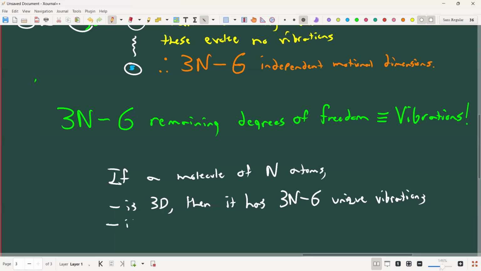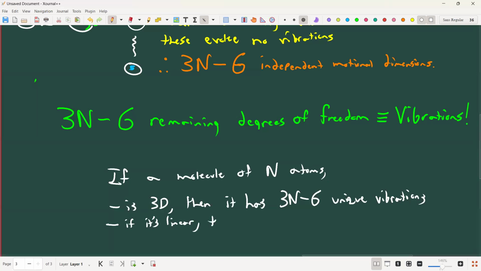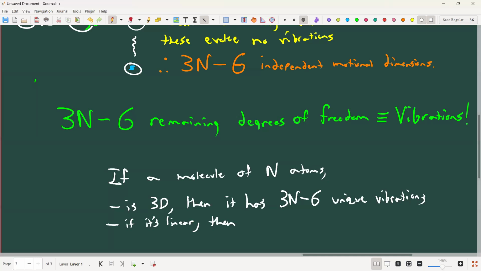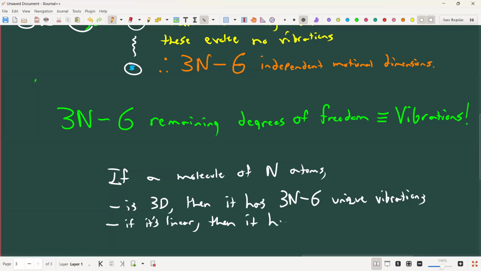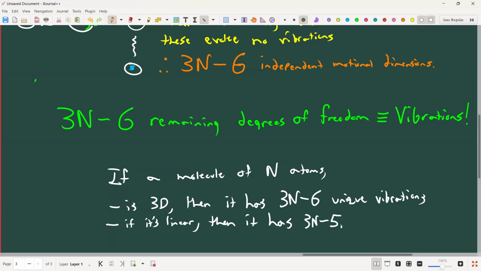And if it's linear, like a diatomic, then there's only 2 degrees of rotational freedom, so it has 3n minus 5. Most molecules have 3n minus 6.